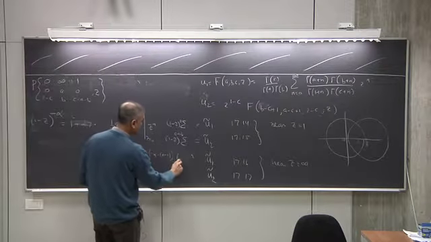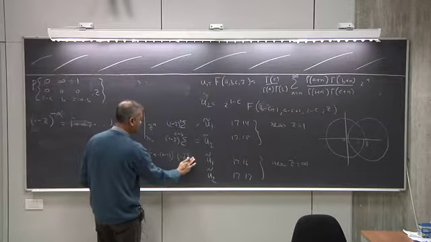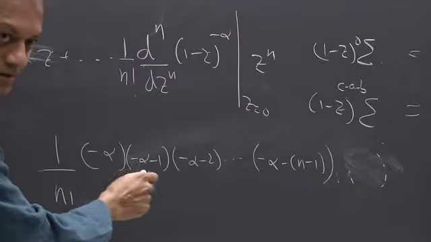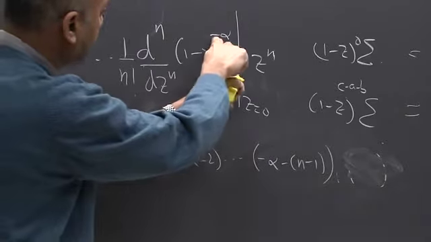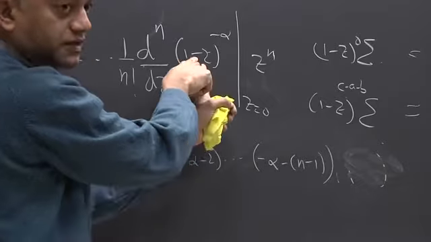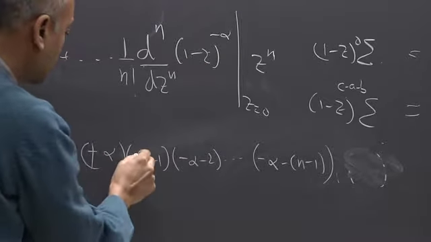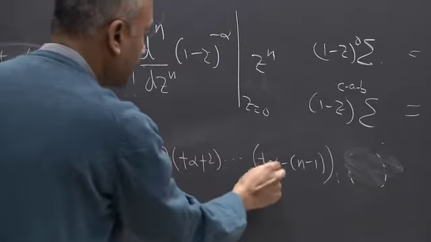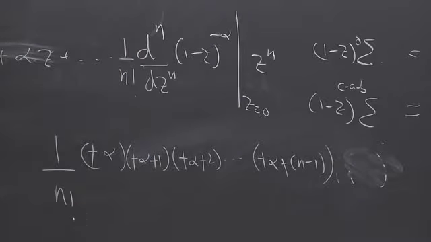Each of the factors is actually plus: when I take a derivative I get a minus alpha, but then I have to take the derivative of the inner factor, so it becomes plus. So each of them is plus finally, times Z to the n.